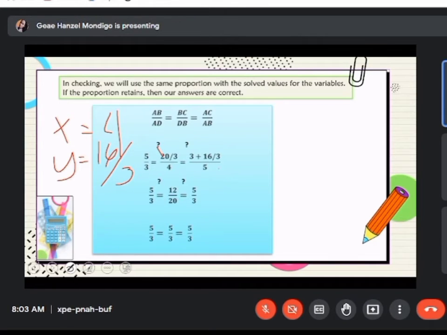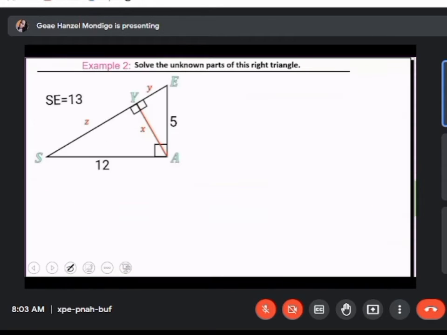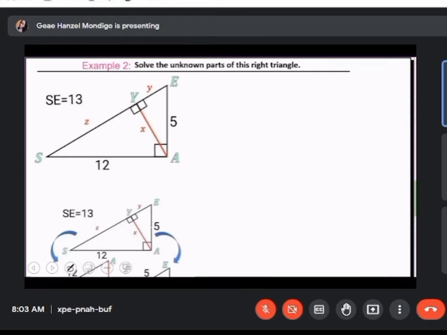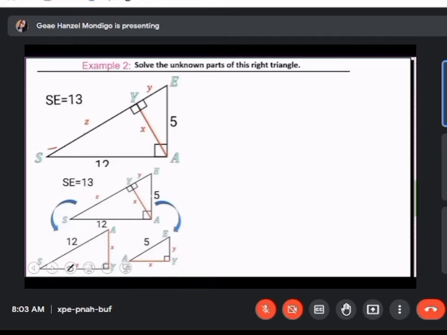Now let's go to our example number 2. Here, consider your figure. In this figure, we have triangle SEA. Still, it is a right triangle because it has an angle of 90 degrees.